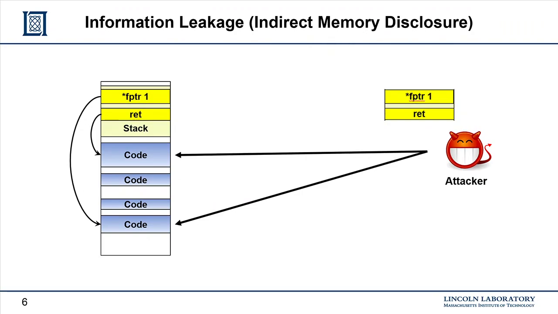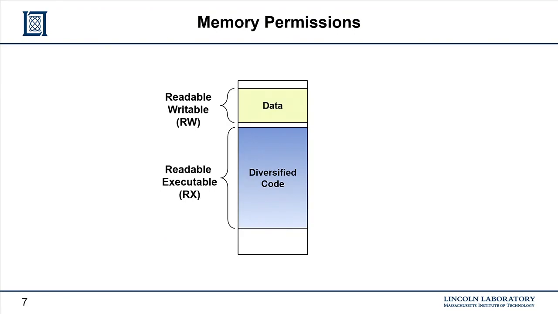Now, in order to describe those techniques, let's first take a quick look at how memory permissions work. In a typical memory, we have data regions that are readable and writable, and we have code regions, which are executable, of course, but also readable, because in modern architectures, there's just 1 bit for memory permission. So it can be either readable and writable, or readable and executable.